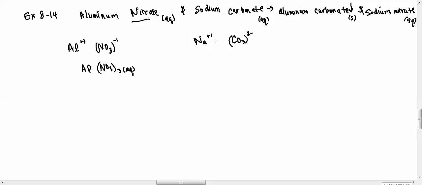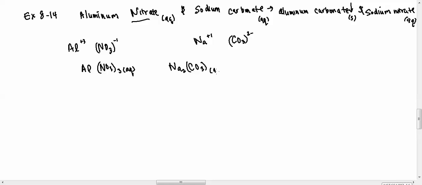So I'm going to need 2 of those sodiums to balance out with that one of these carbonates. So I have Na2CO3, and I don't need another 2 up there because I have that 2 on the sodium right there. And actually, I don't even need those parentheses, so I'm going to keep them there just for now.